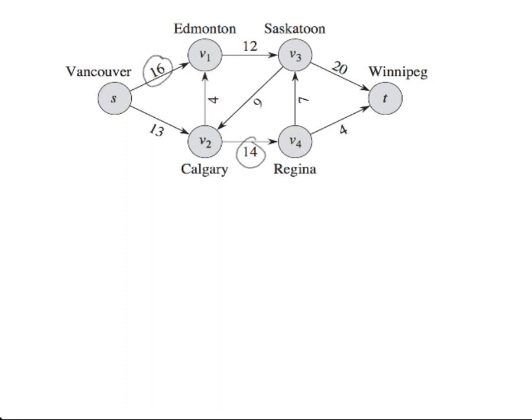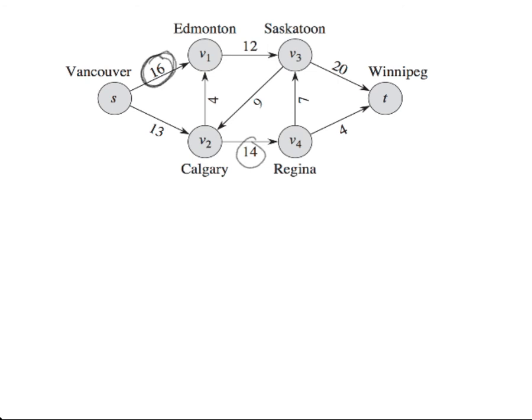Okay, so let's look at some of the properties of flow networks to see if this satisfies them. What we're looking at here is just the capacities. So we can ship 16 crates from Vancouver to Edmonton every day. That doesn't necessarily mean that we will.